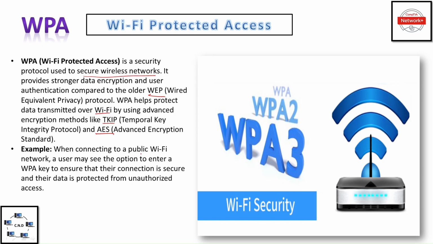For example, when connecting to a public Wi-Fi network, a user may see the option to enter a WPA key to ensure that their connection is secure and their data is protected from unauthorized access. So WPA is the older standard. WPA2 and WPA3 are the latest and more secure alternatives.